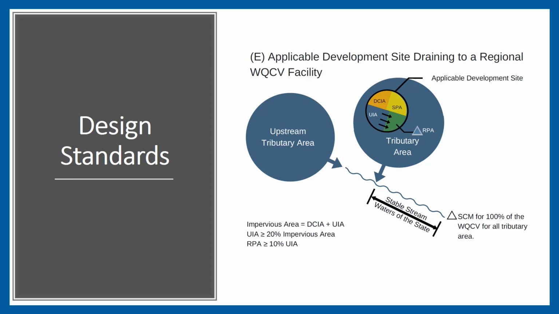You need to do some level of treatment on site, and that is the 2010 rule, which states that 20% of the impervious area on your site needs to drain to receiving pervious area, and that receiving pervious area that it drains to needs to be at least 10% of the area that drains to it.